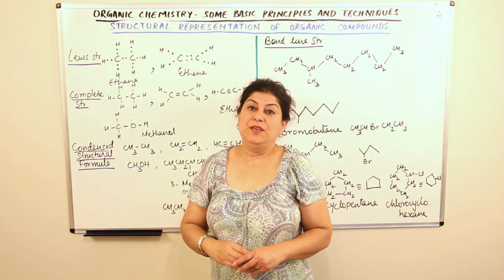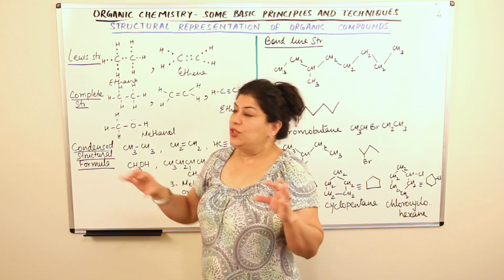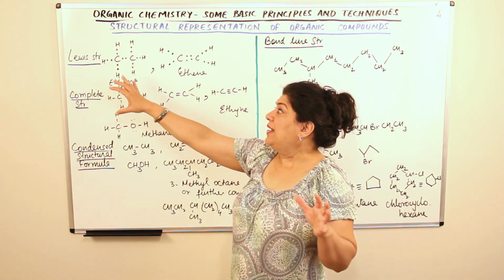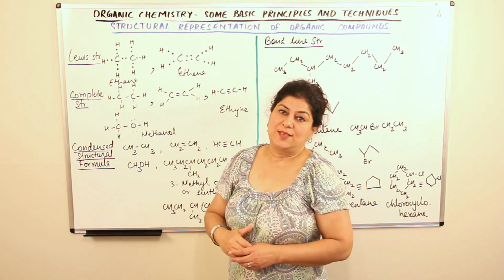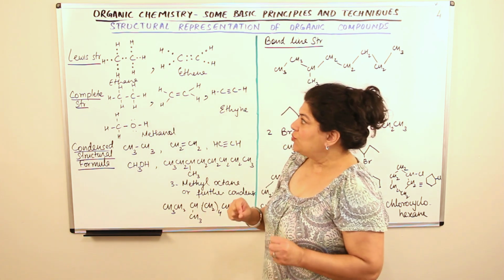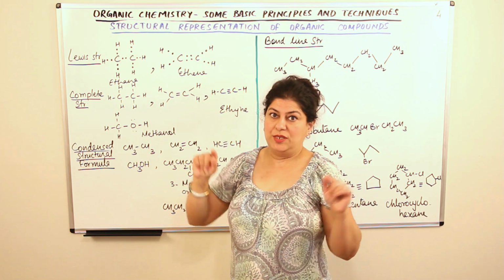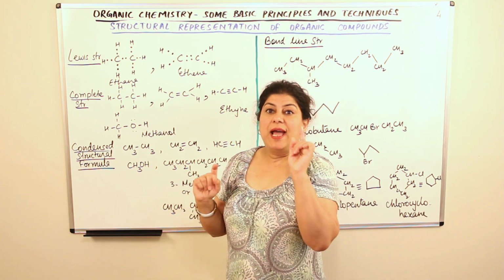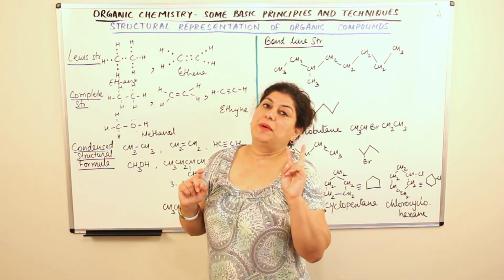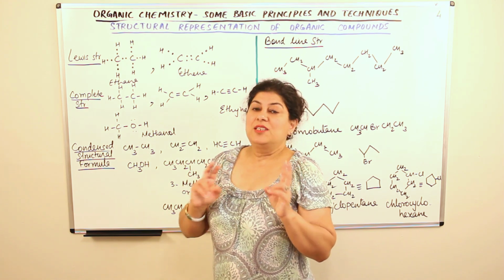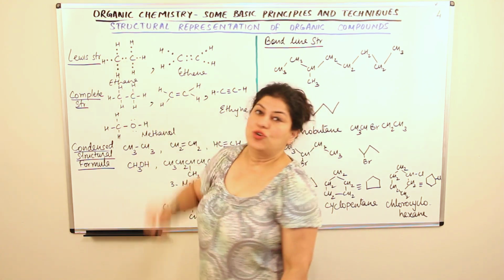You have studied even in lower classes, in class 10, about Lewis structures. In Lewis structures, we write all the bonded atoms in the correct sequence, that is, which is bound to which, and every bond is represented by a pair of electrons. This pair of electrons is shown by two dots.